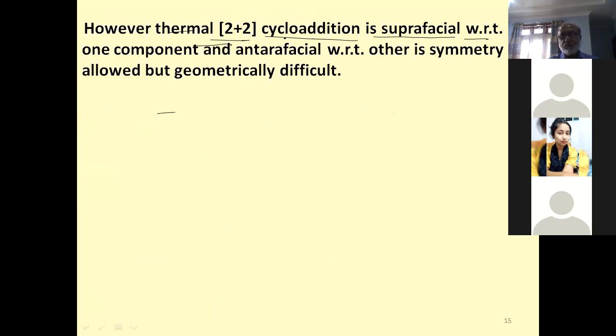But when we go to thermal, being suprafacial with respect to one component and antarafacial with respect to the other is symmetry allowed, but geometrically difficult. Let us see again.